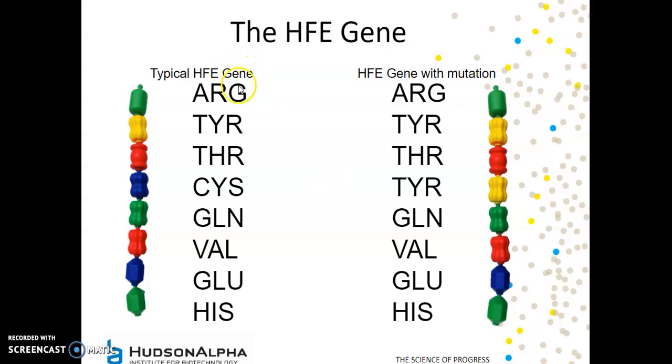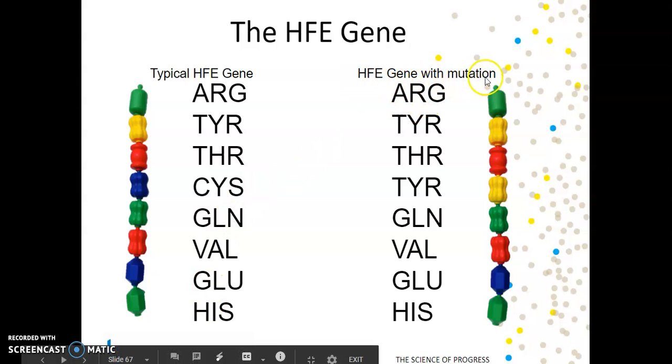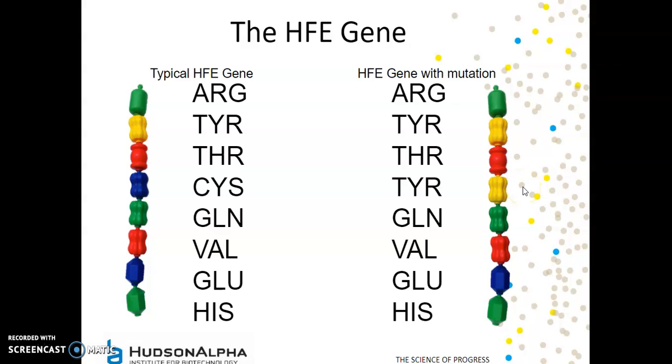So if Jack or Jill have the typical HFE gene, then they would not have passed on hemochromatosis. But if they even have one copy of the HFE gene with the mutation, then they could have passed on hemochromatosis to their offspring. In order for their son David to have hemochromatosis, he had to have inherited the HFE gene from both parents because it is recessive.